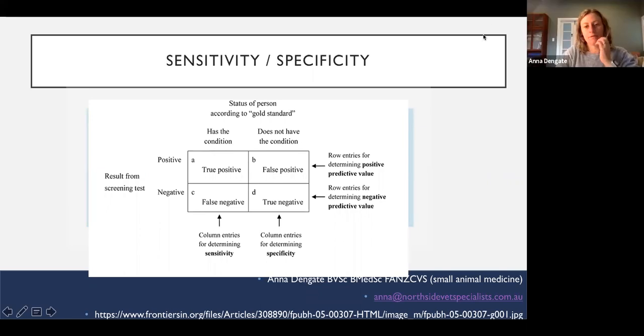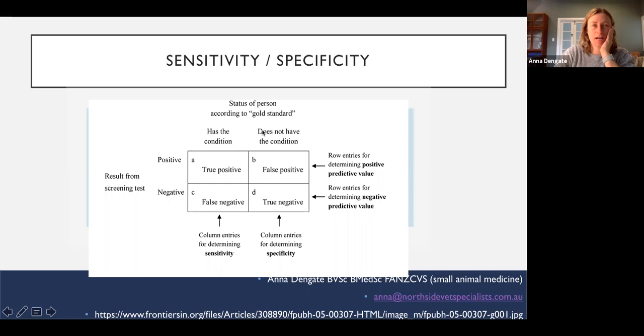Yeah, good, excellent. So essentially, you've probably all seen this very busy box, which describes what sensitivity is, what specificity is, what a positive predictive value is, and what a negative predictive value is. Just to summarize the box, up the top is whether the patient actually has the disease or not, based on gold standard testing.